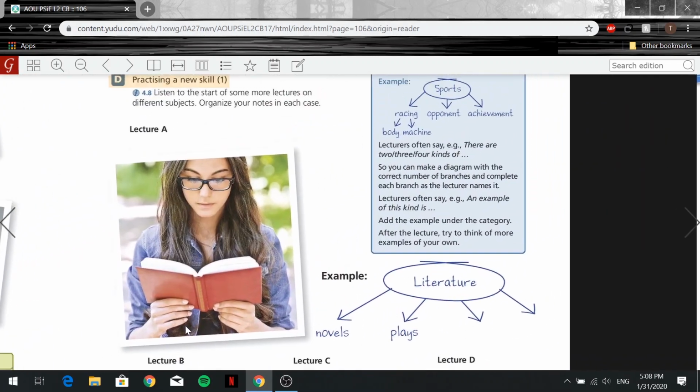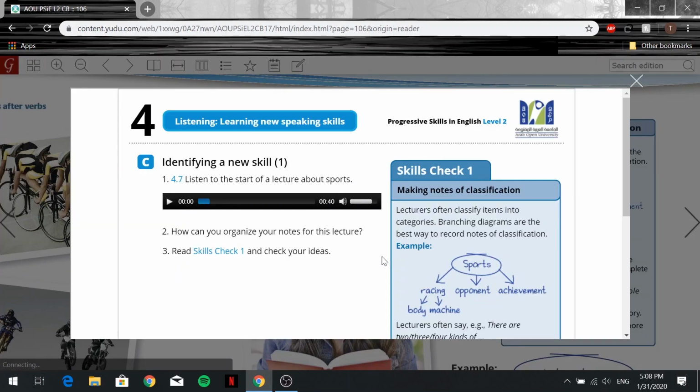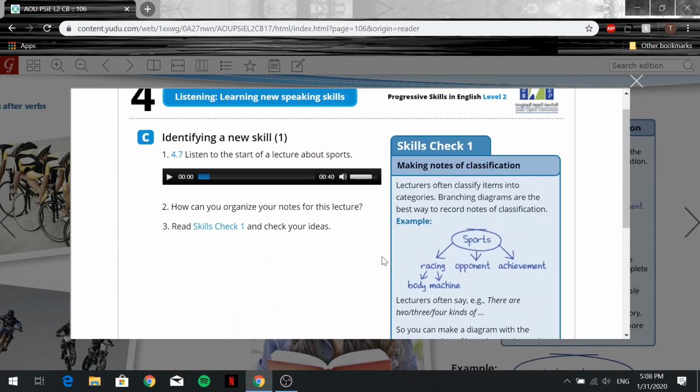Okay, now let's go to exercise C, identifying a new skill. Do we have skills check here? Yeah, we do. Okay. So you guys remember we talked a little bit about diagrams and these different branching diagrams. So we're going to learn how to make notes that are used in this way. So lecturers often classify items into categories.